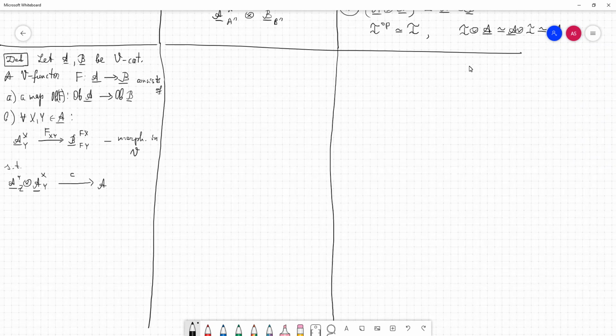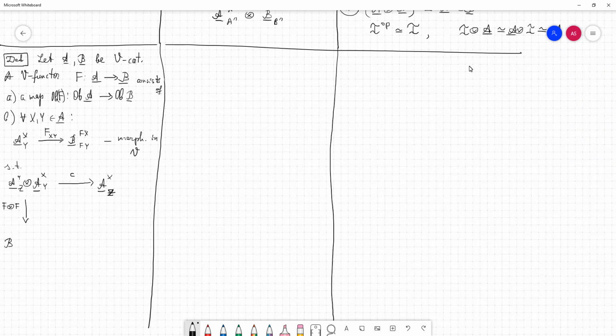So on one side, I'm making a composition of two arrows, f and g, and I'm getting an object of morphisms from X to Z. From the other side, I can apply my functor F to both morphisms, f and g.